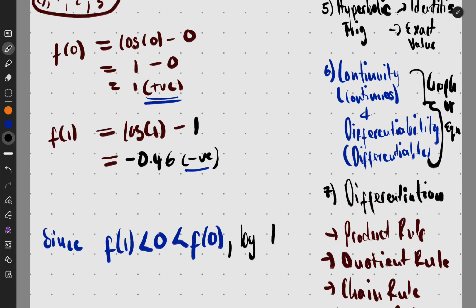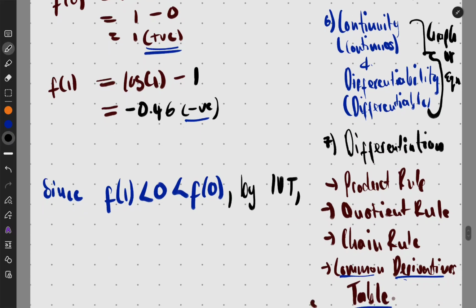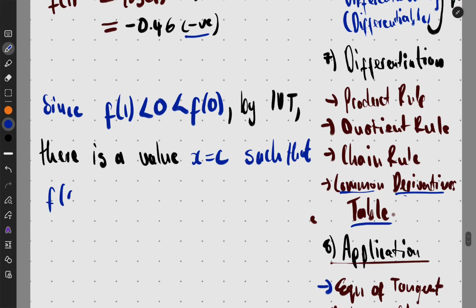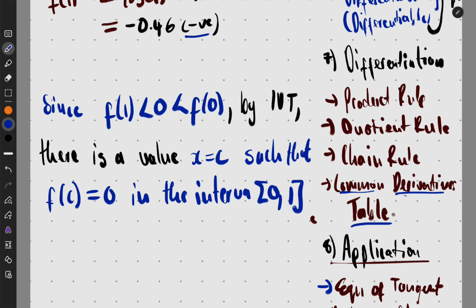Then you can now say by IVT, by intermediate value theorem, you can write it in full in the test, there is a value c, or a value x equal to c, such that f of c is equal to 0 in the interval 0 to 1.